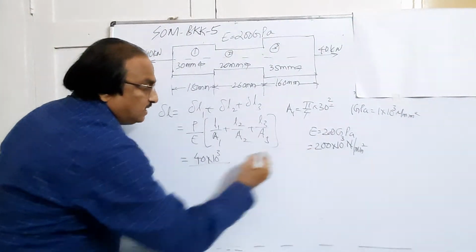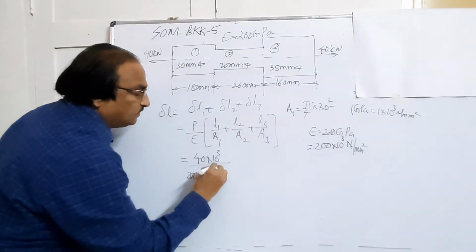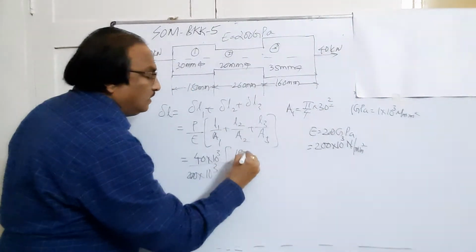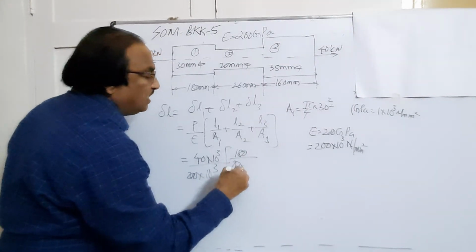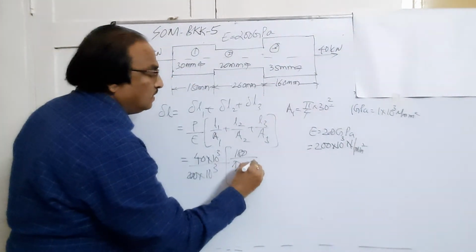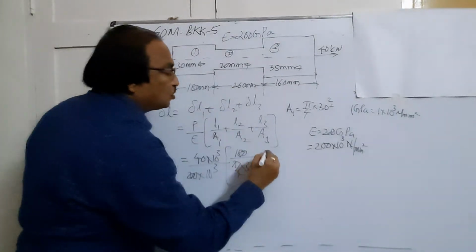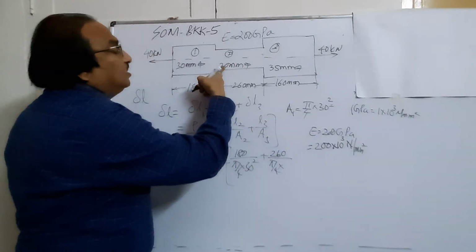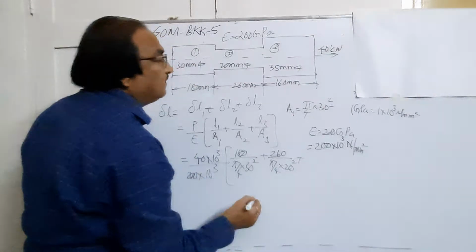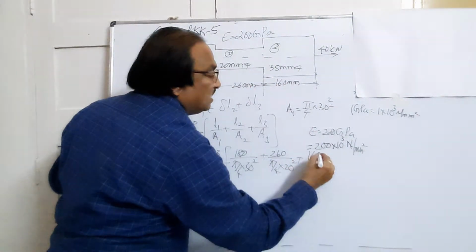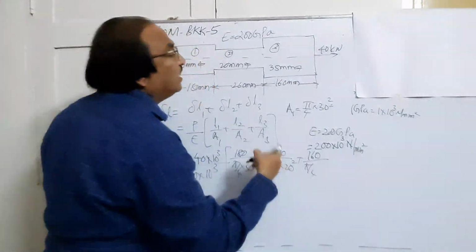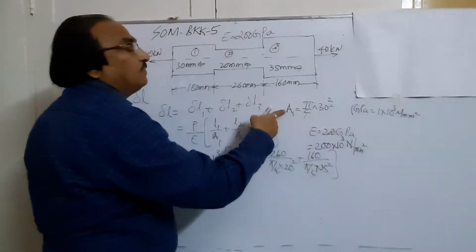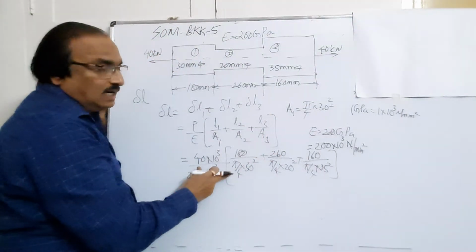So if I substitute that here, 200 into 10 to the power of 3 into L1 is 180 divided by A1 is pi by 4 into 30 square, plus L2 is 260 divided by pi by 4 into diameter 20 square, plus L3 is 160 divided by pi by 4 into 35 square. Or you can separately find out A1, A2, A3 and substitute here.